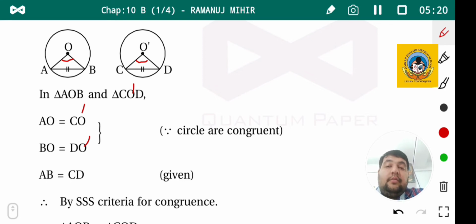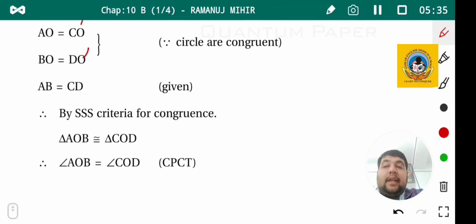So now, if two triangles have three equal sides, we can apply the SSS criterion for congruence.